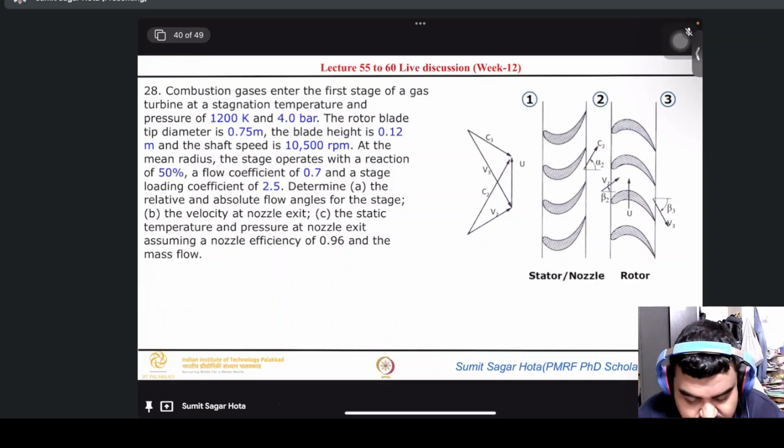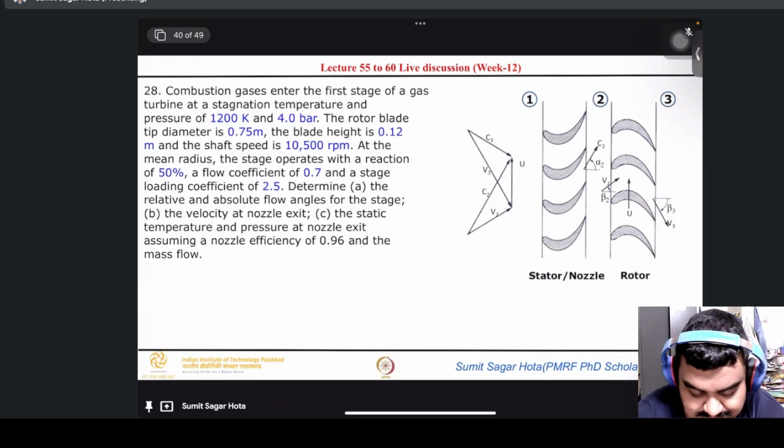So this is the last question of the section, especially the last problem of the section.